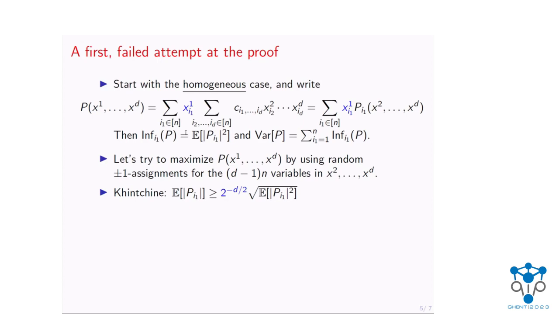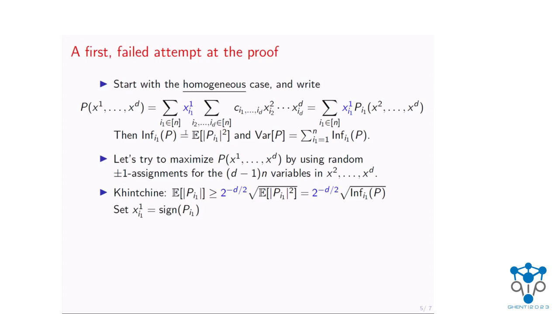It's lower bounded by an exponentially small factor in d times this thing here, and this thing here is actually the influence, or rather the square root of the influence. So we start to get a lower bound on values of subparts of our polynomial in terms of the influences.